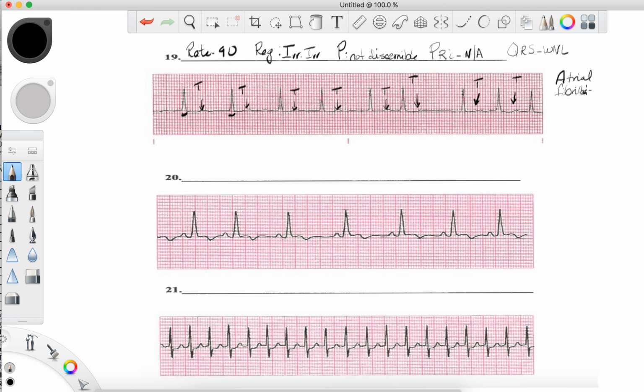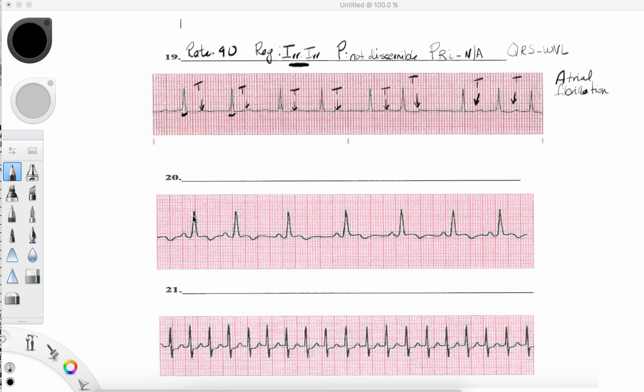And in fact, the fibrillation is so fine you can't even see any fibrillatory waves. And that is often what the case is as well. So the big giveaway here is the fact that it's irregular and the P waves are not discernible.